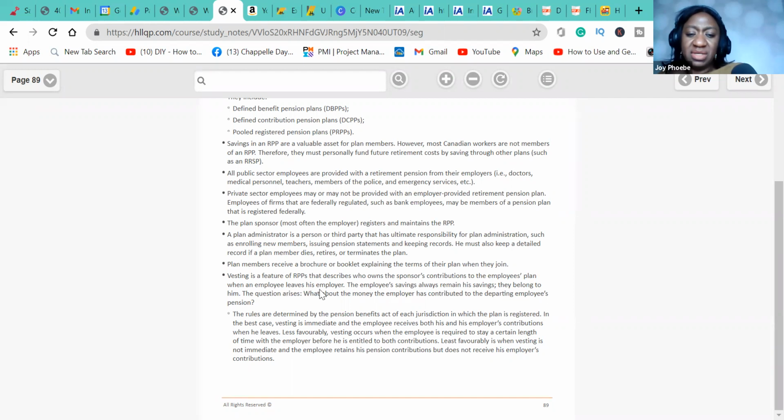When an employee leaves his employer, the employee's savings always remain his savings and they belong to him. The question arises, what about the money the employer has contributed to the departed employee's pension?